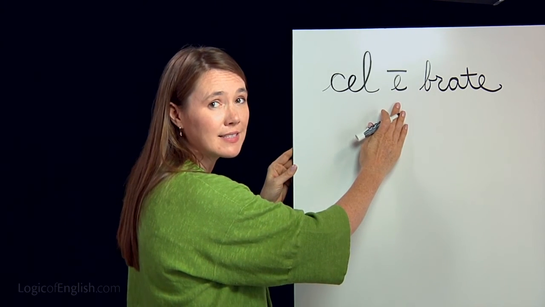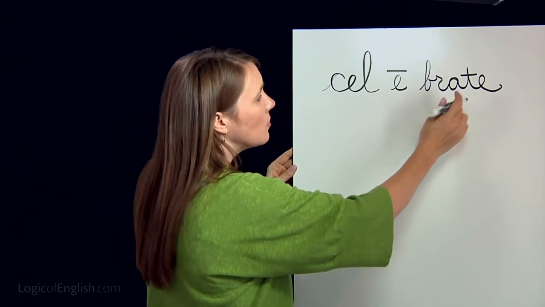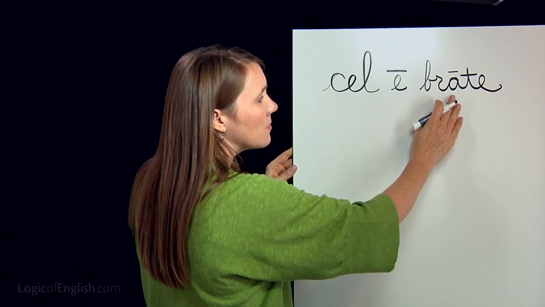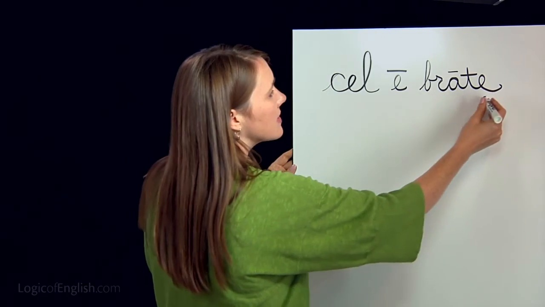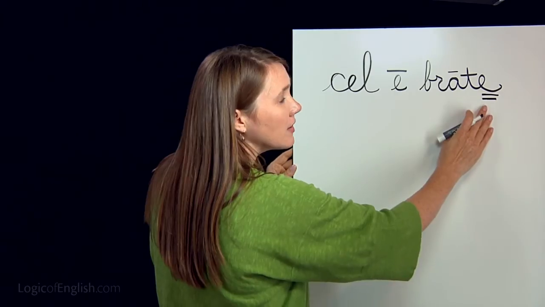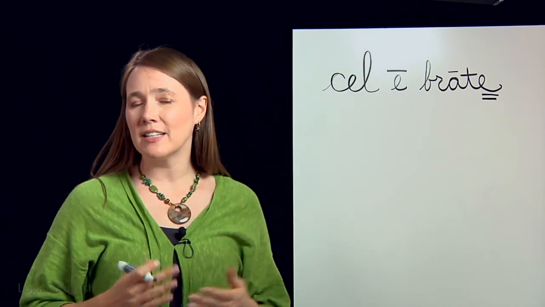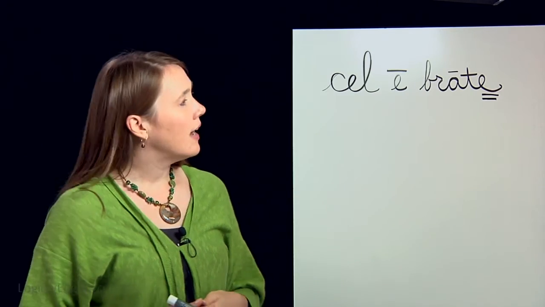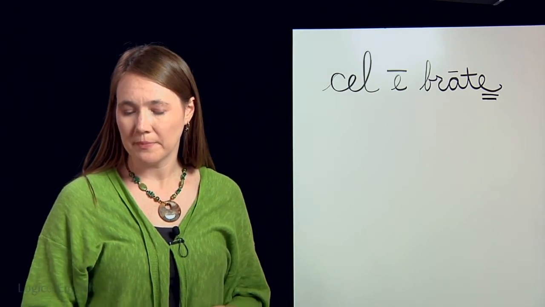Why did the E say its name? It's at the end of the syllable. How will we mark this? We'll put a line over the A because it said its name. And why did it say its name? Because there's a silent final E. We'll mark the silent final E with 2 lines. Anytime we use 2 lines, it's to indicate that something is silent. And so this is indicating that we have a silent final E in celebrate.